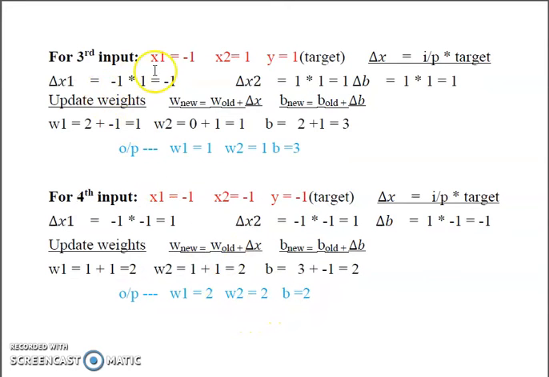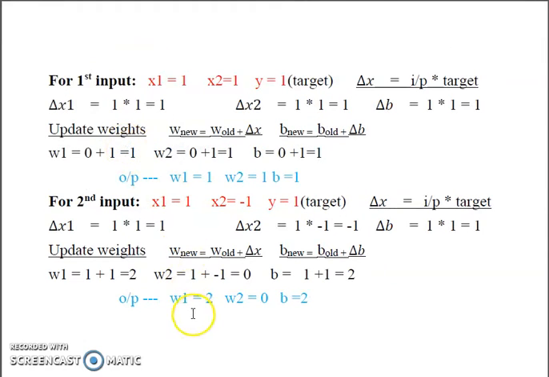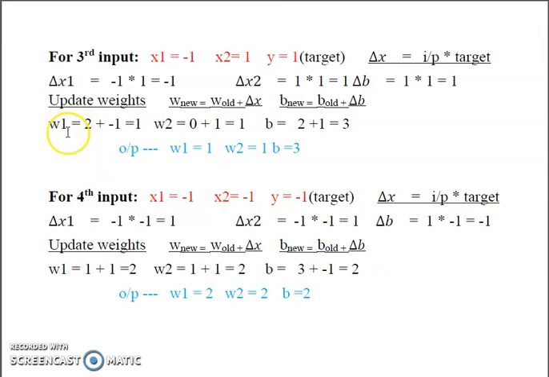When you take the third input, x1 value is equal to minus 1, x2 is 1, x0 is equal to 1 and the target was also 1. So when you calculate delta x1, minus 1 into 1, delta x1 is equal to minus 1. Delta x2 becomes 1 now and delta B becomes 1. You add these to the old weights, which are 2, 0 and 2. So to update W1, 2 plus this minus 1, you get 1.